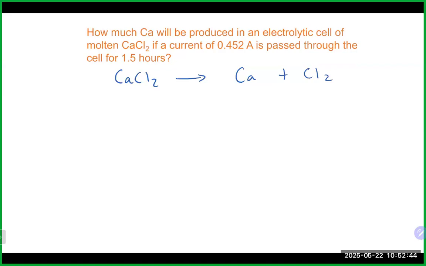The calcium is going from +2 and the chloride is -1 to 0 and 0. So the calcium is going from +2 to 0. It is being reduced, and the chloride is getting oxidized. So if we take a look at our reduction, we should have calcium with a +2.